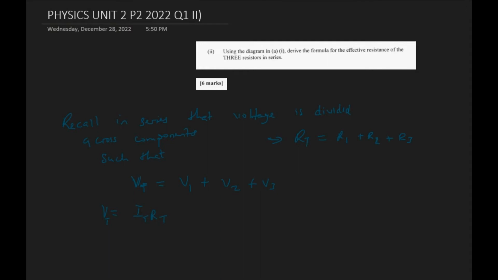So if I want to find my total voltage, I need to know my total current in the circuit, and I also need to know the total resistance.